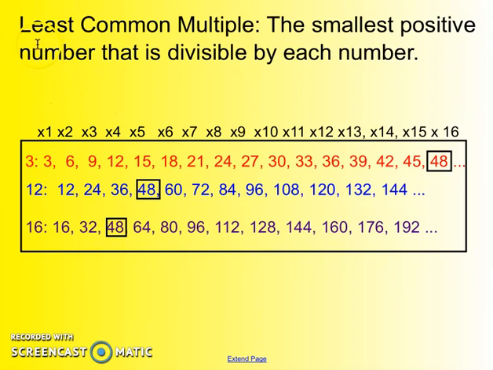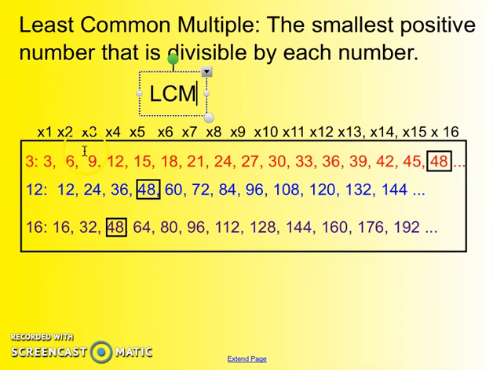It's not called greatest common multiple because remember, these multiples go on infinitely. It would take us more than our lifetime to find the greatest common multiple. So we are going to look for the first multiple that they share, and we call that the least common multiple. And we abbreviate that as LCM.